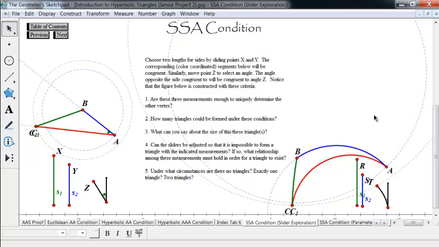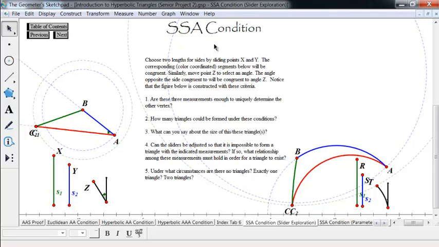One congruence class of triangles, and this situation happens exactly when the first S, the green length, is greater than or equal to the blue length, this second S. So sometimes we call this the capital S, lowercase s, capital A situation. So it's SSA plus another bit of information, and that other bit of information is enough to narrow it down to one single case, and that does guarantee congruence of triangles.